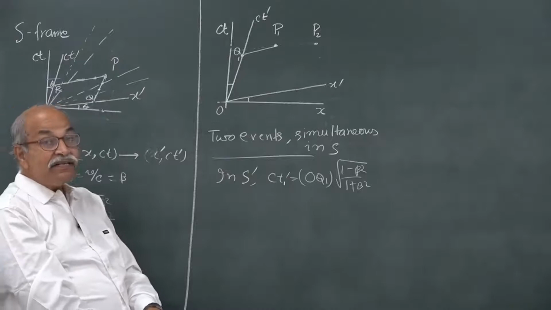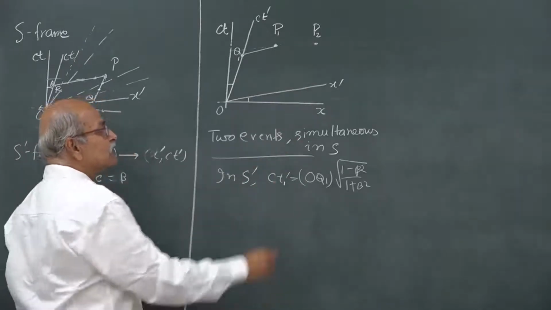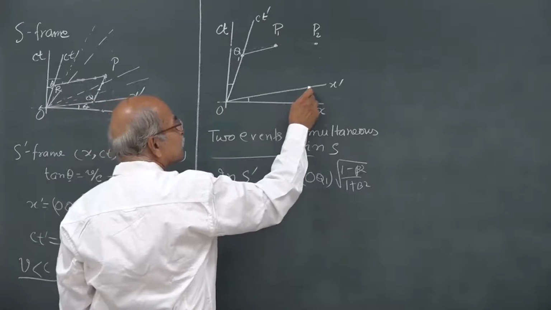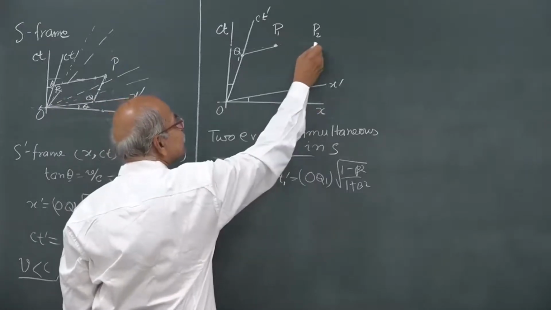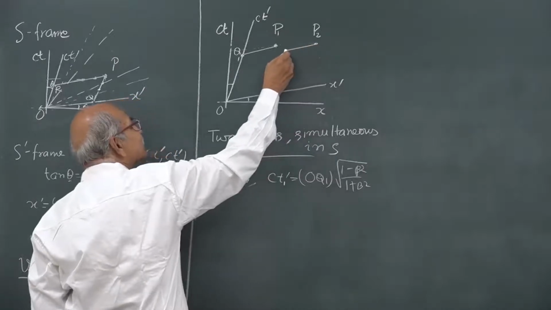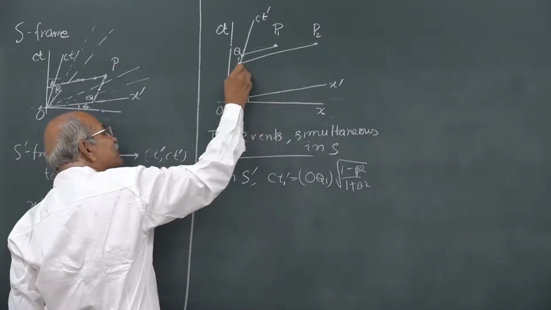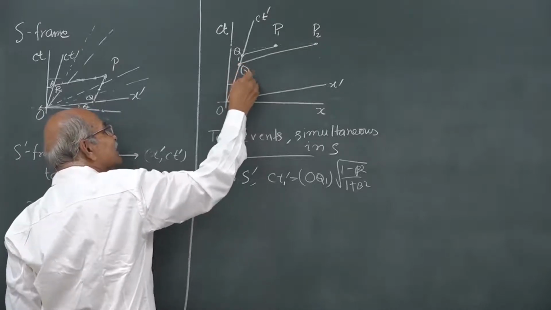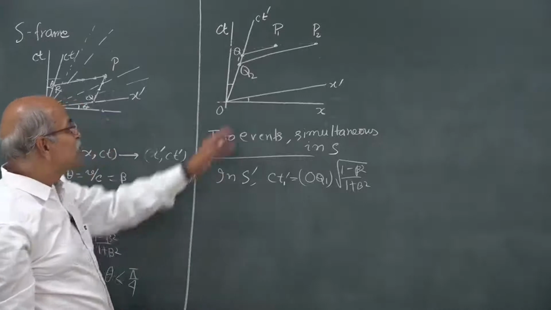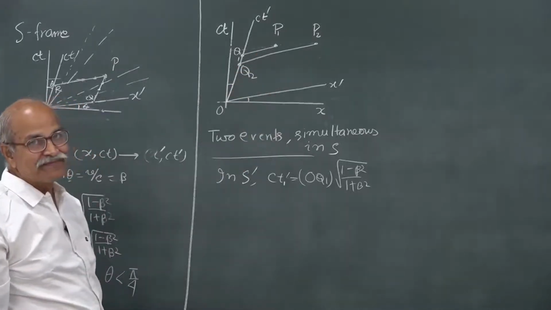For the second event, represented by this point, once again draw a line parallel to x prime axis. So, from here when you draw a line parallel to x prime axis, it goes like this and it meets somewhere here at another point Q2. Both these lines are parallel to x prime axis.